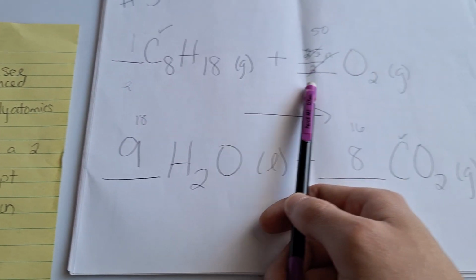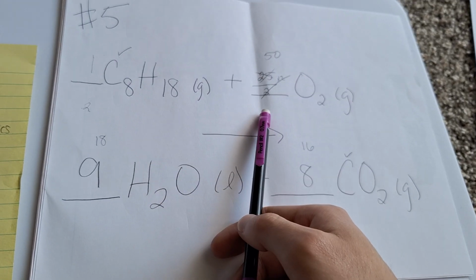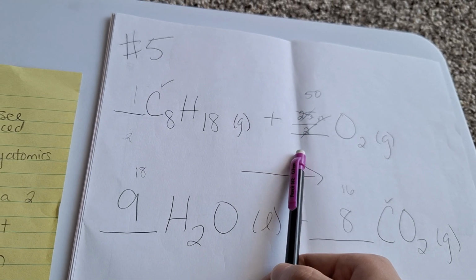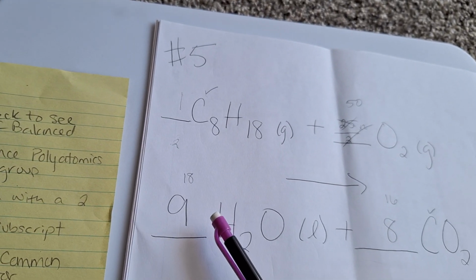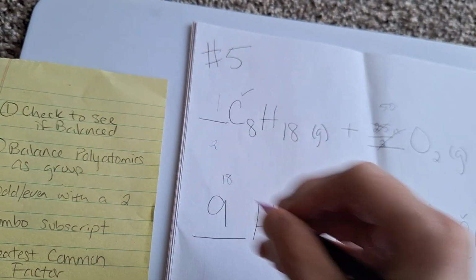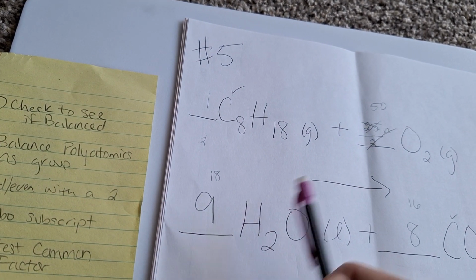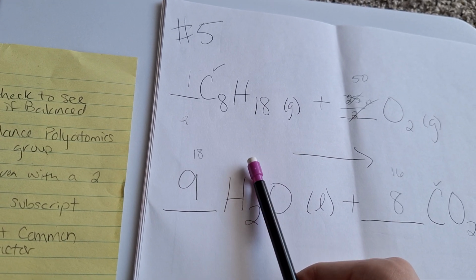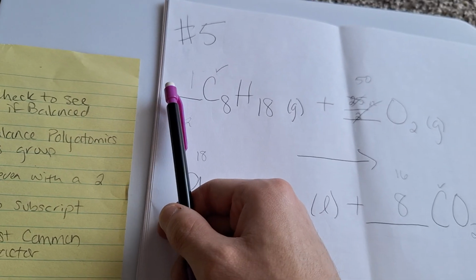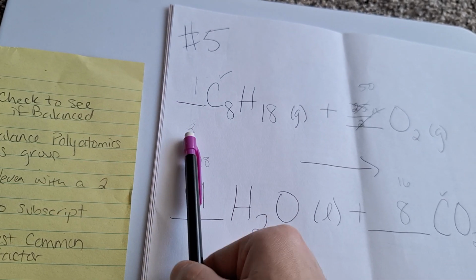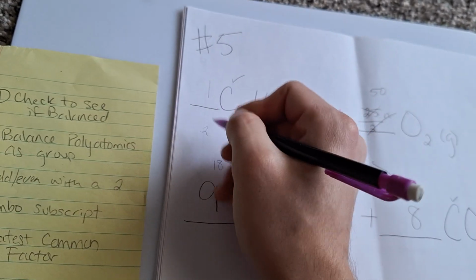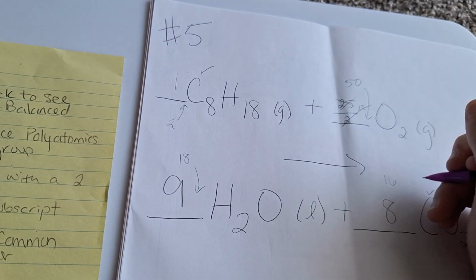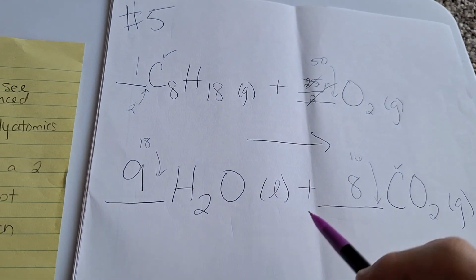So what I would do on this one would be to write both of those. I'd write the overall one here. I'd write the 2 there, 18 here, the 50 here, and the 16 here. Okay?